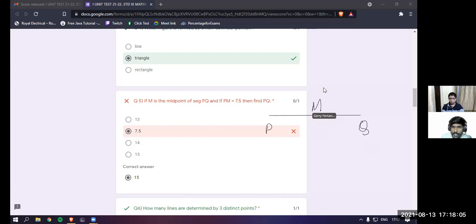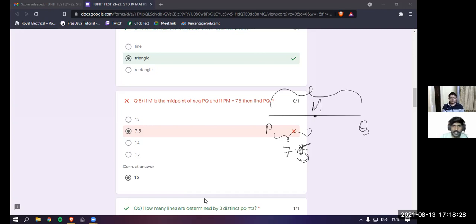They are asking you to find out PQ. Understood? Can you see the diagram on the screen? Yes, sir. Now can you tell me what will be PQ? So, double of 7.5, which is 15.